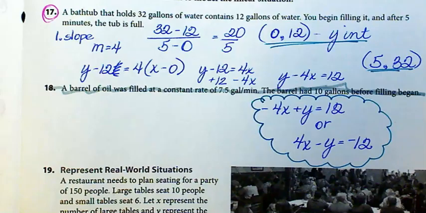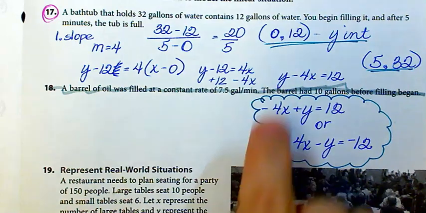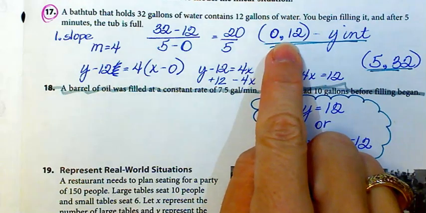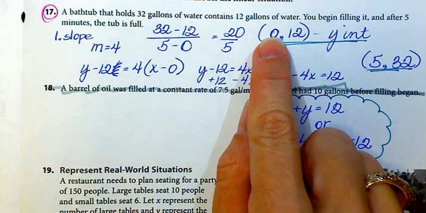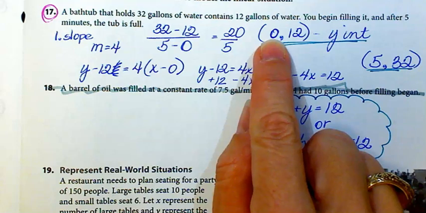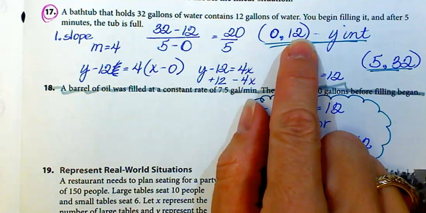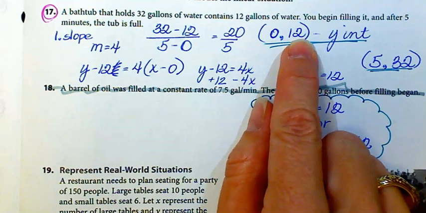Okay, for number 17, the first thing you need to do is figure out the slope. A bathtub that holds 32 gallons of water contains 12 gallons of water. Like before anything happens, before you do anything, it already has 12 gallons of water. So at time 0, you already have 12 gallons. So that's your y-intercept, okay?